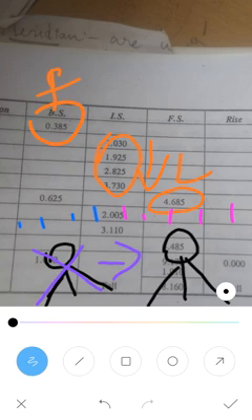Before shifting, this is the last point you had taken, but after shifting, the leveling staff at the last point is not lifted. It is kept there itself.